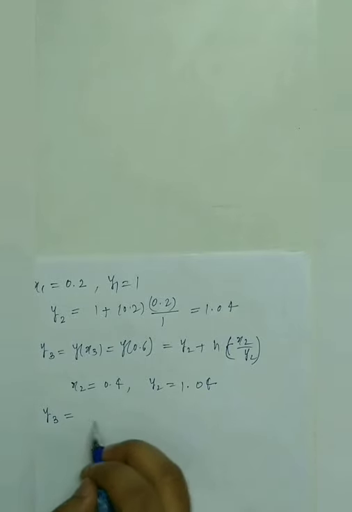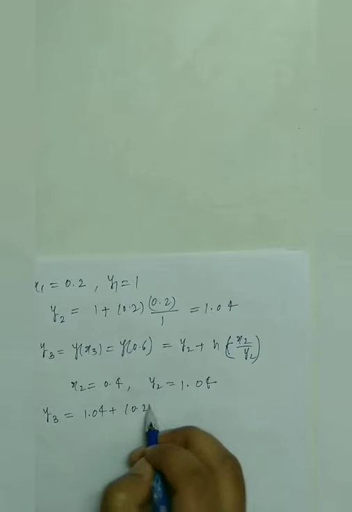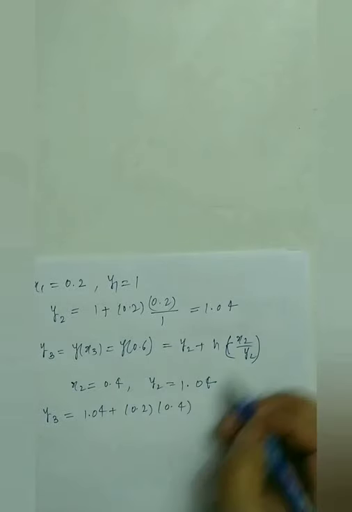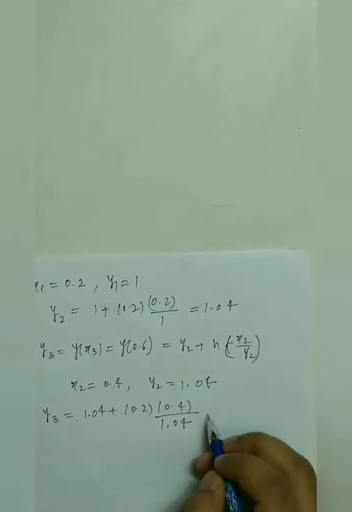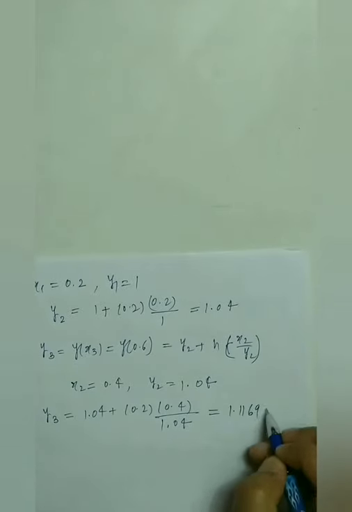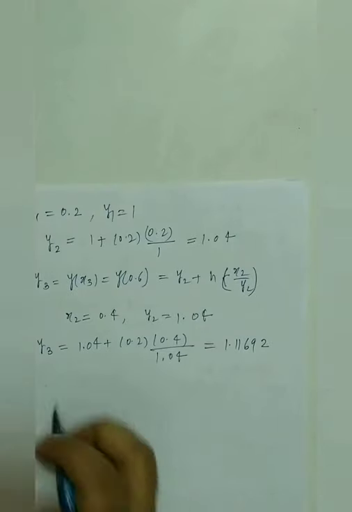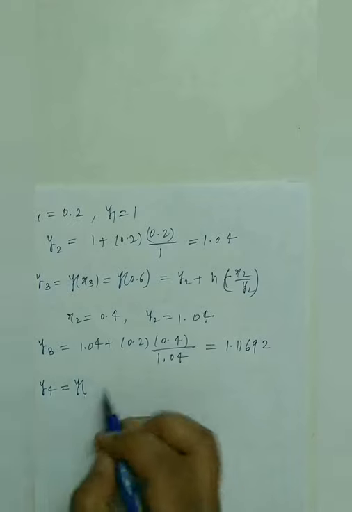So y3 will be equal to 1.04 plus 0.2 into 0.4 upon 1.04. After solving this we will get 1.11692.